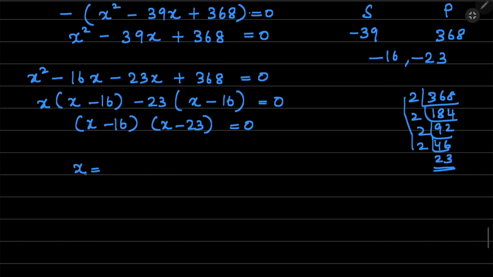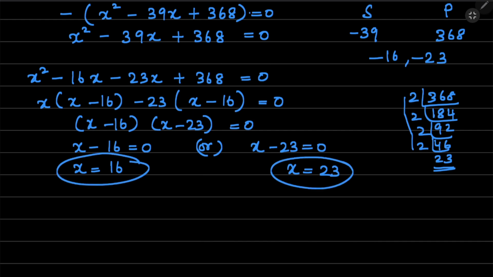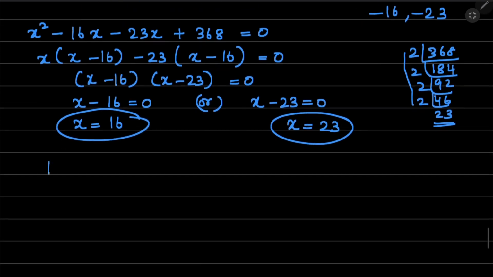So one number is x equal to 16. You can either equate x minus 16 equal to 0 or x minus 23 equal to 0. So x is equal to 23. So these are the two possibilities. So suppose if x is equal to 16, then what would be the other number?